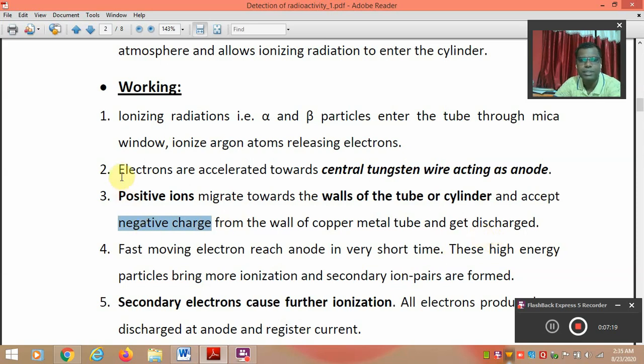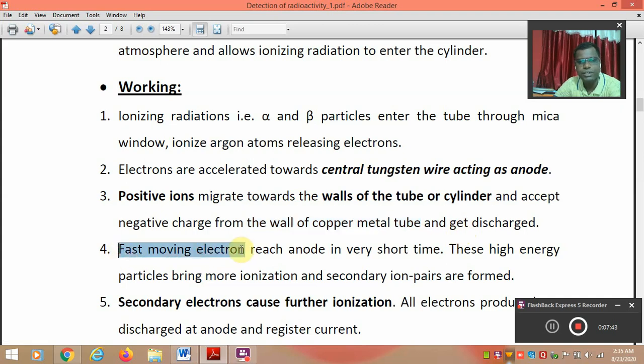So this is very simple: electrons are moving towards the tungsten wire which acts as the anode, and positive ions migrate towards the walls of the tube, the cylinder, which acts as the cathode, meaning it carries the negative charge. These positive ions accept the negative charge from the copper metal tube and get discharged.